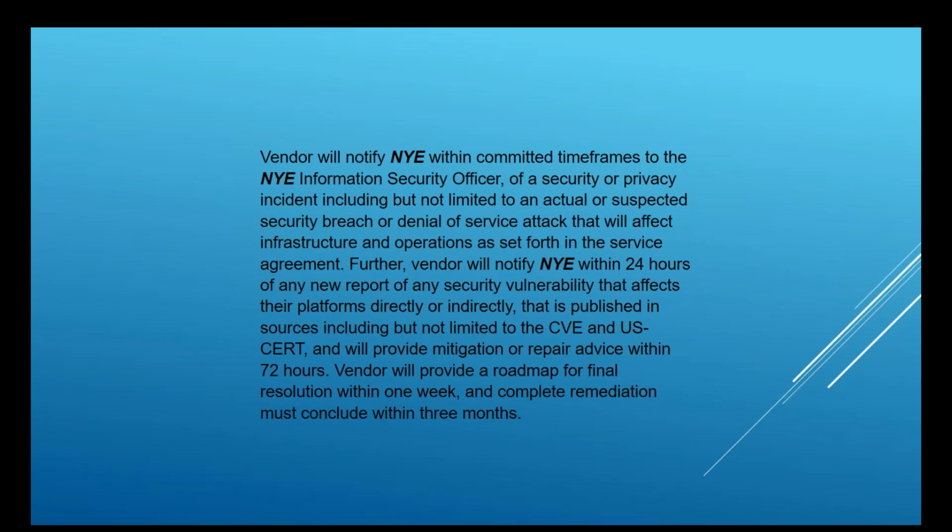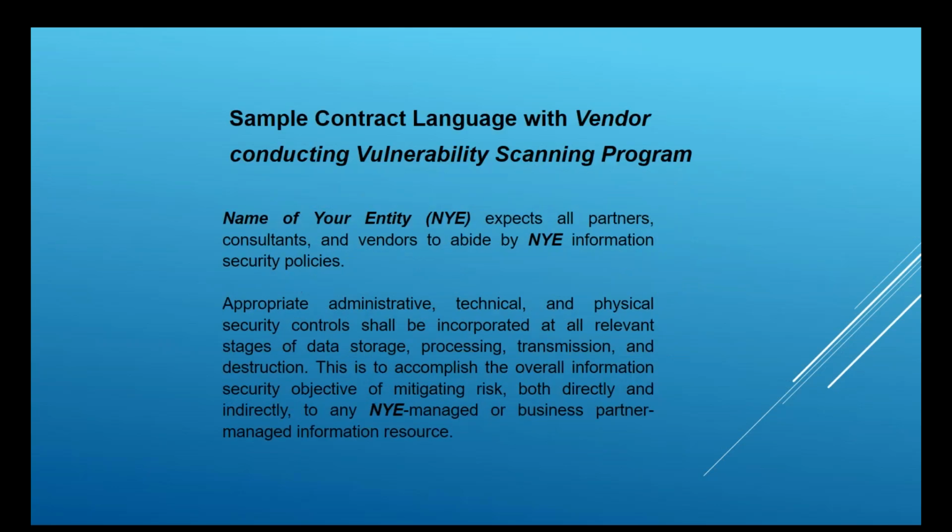And you say, well, again, I don't have the resources to do a vulnerability scanning program. Well, as you renegotiate or renew contracts for services and develop new applications, you should include the same type of contract information that we have talked about here.